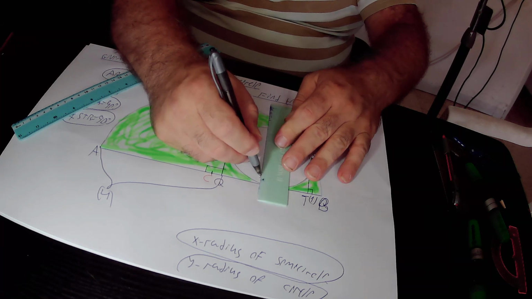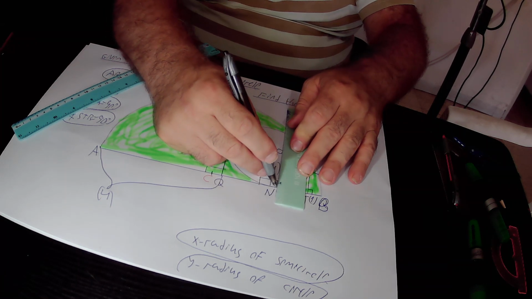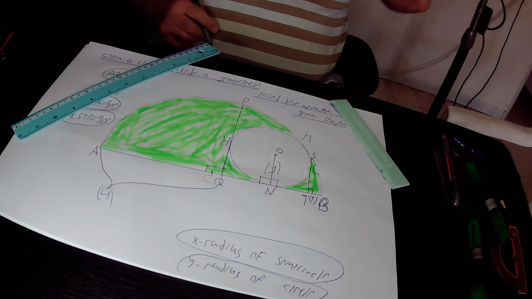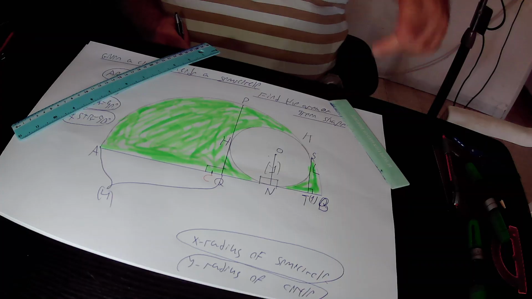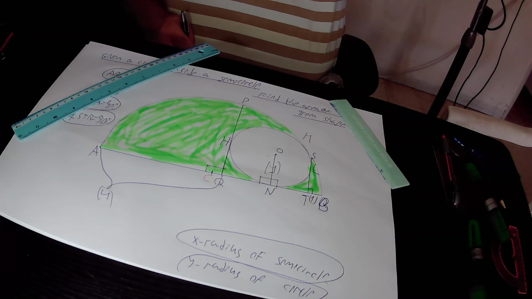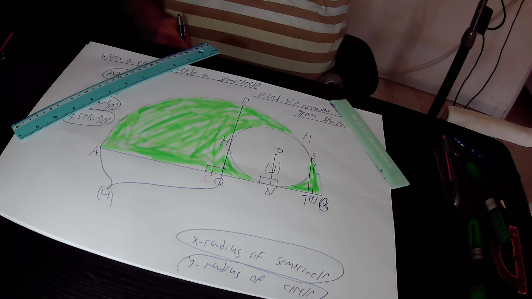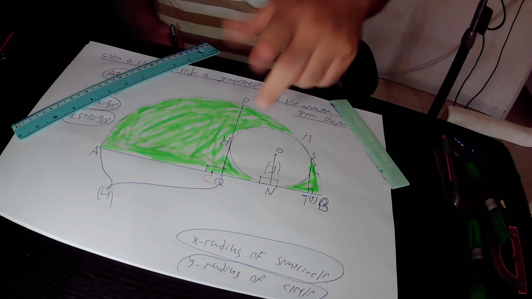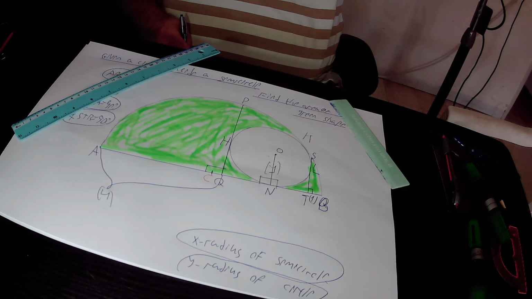If AB is perpendicular to NO, it means that this angle equals 90 degrees, and this angle also equals 90 degrees according to rule 1. AB is the diameter of the semicircle, and therefore it is absolutely a straight line. So if you focus on the upper side of the straight line AB, at point Q, here the sum of the angles must be equal to 180 degrees according to rule 3.